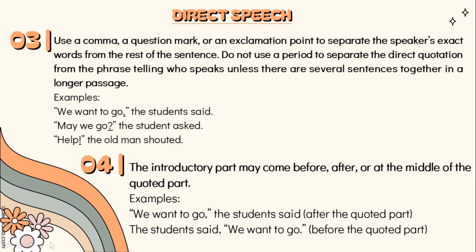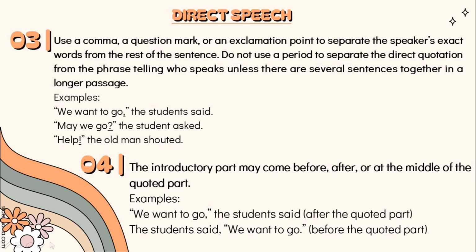Here, they use a question mark. It is because the sentence is a question. Okay? So, "Help!" the old man shouted. Okay. Those are the examples of direct speech using a comma, question mark, or exclamation point. Okay, did you get it?